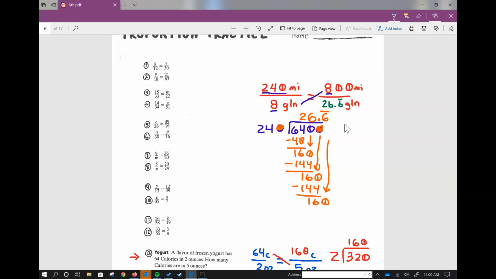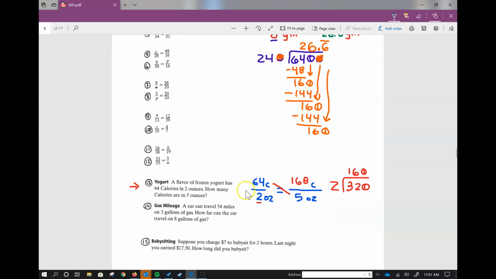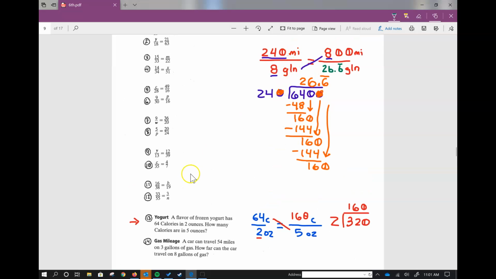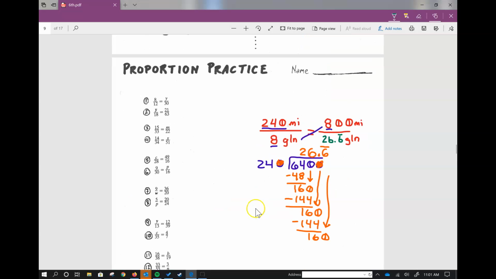Okay, takeaway from this lesson. If you have a proportion, multiply your diagonal, then divide by the number you haven't used yet. If it's a word problem and there are units like calories and ounces, or miles and gallons, or dollars and hours, you have to have your units top and top, or bottom and bottom.